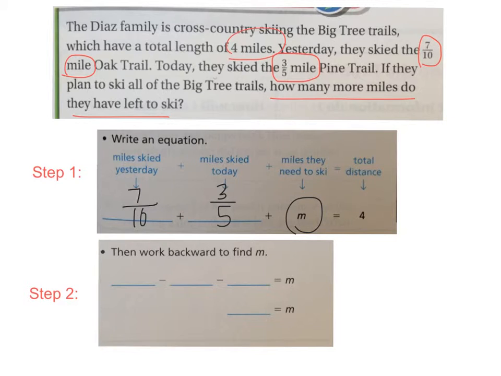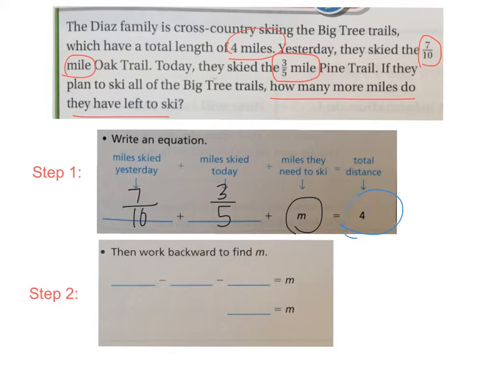So in your notebook right now, please write step 2. Work backwards to find M. How could I use my addition equation to work backwards? What could I do, Liam? Well, you could write another equation. So 4 minus the whole entire distance they need to ski.